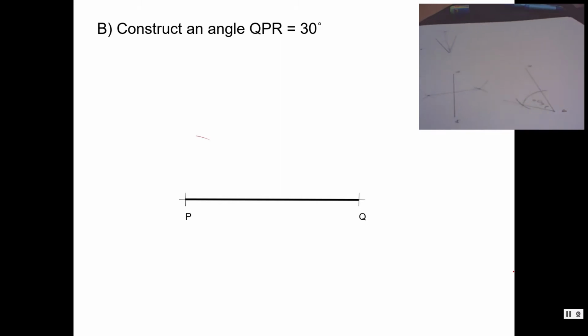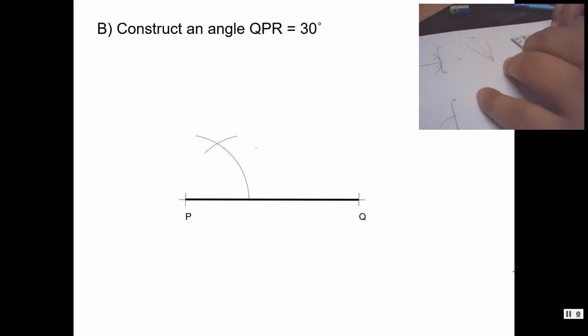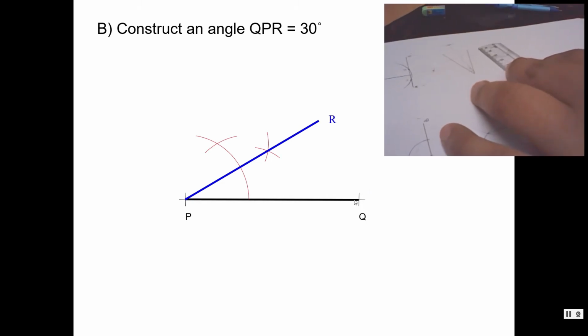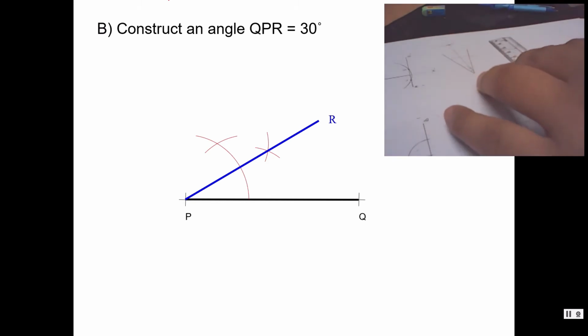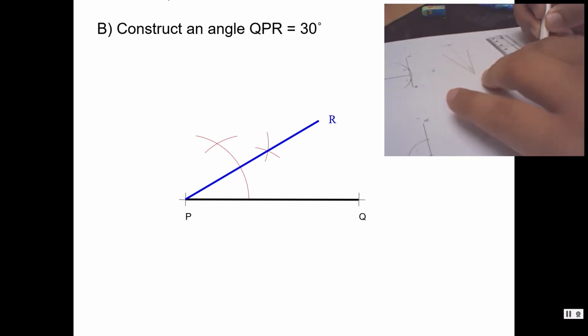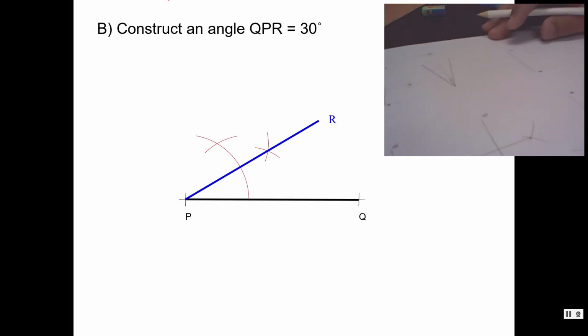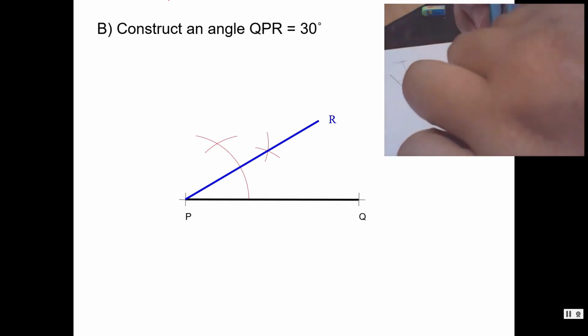Now we want to construct an angle of 30 degree. Let's see how you can do it. Again, you just draw one straight line first. This is P and this is Q. It's a similar step to the 60 degree.